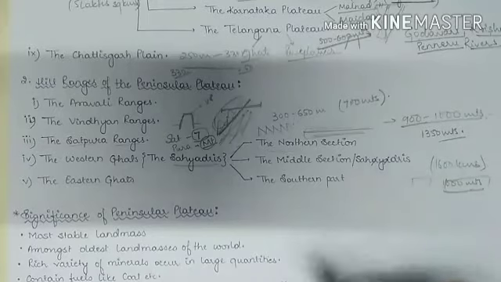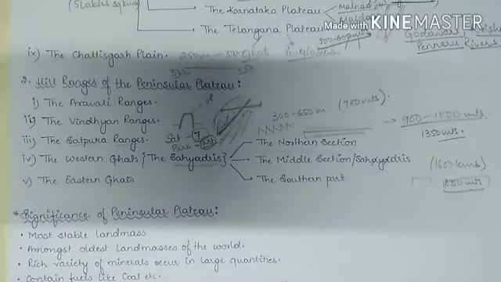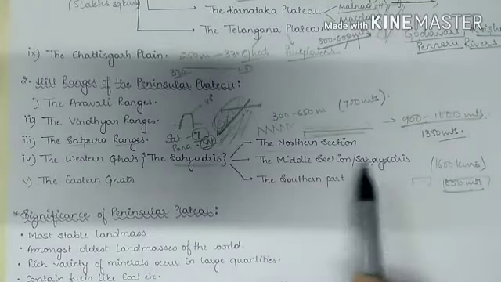Here the average height of this section is 1200 meters above sea level, but some of the peaks attain more height. Like in the north, we have Mahabaleshwar and Kalsubai.